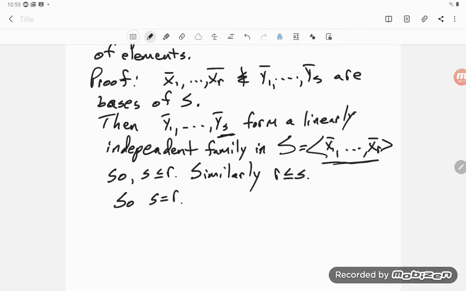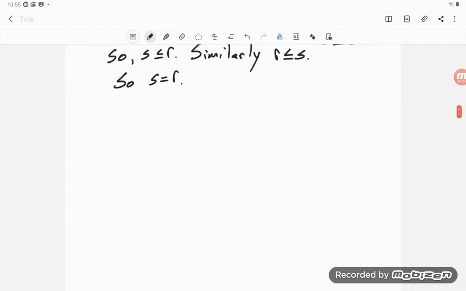Okay. And so now that we've said that if we have any two bases of the same space, they have the same number in them, this is where they give us our definition. Dimension.